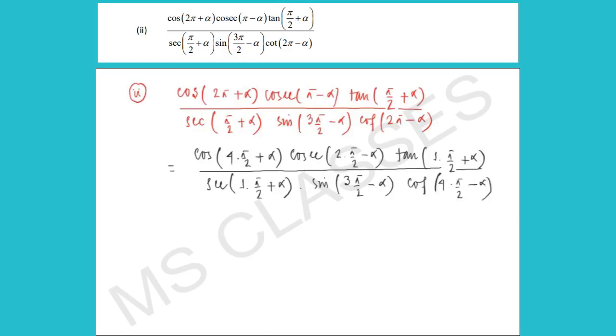That is, we are expressing all the angles in the form of n pi by 2 plus or minus alpha. Now after that, we'll understand here one by one.